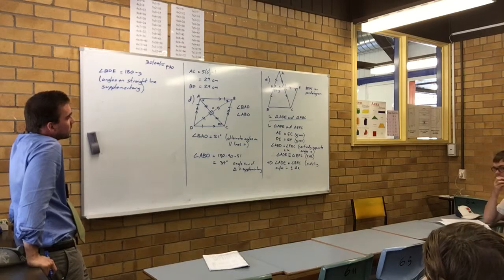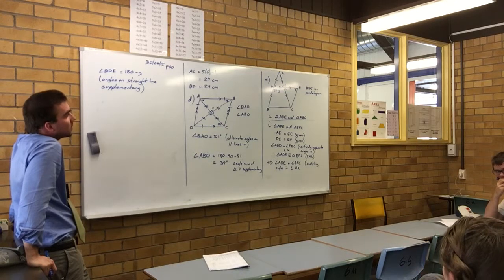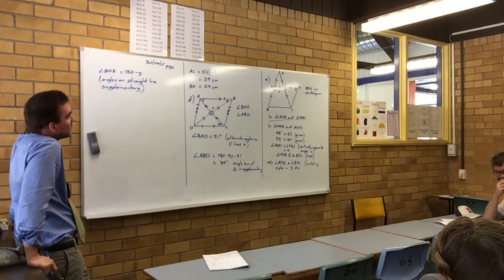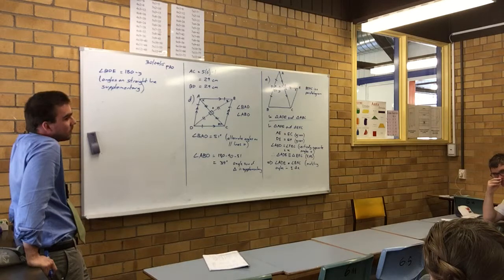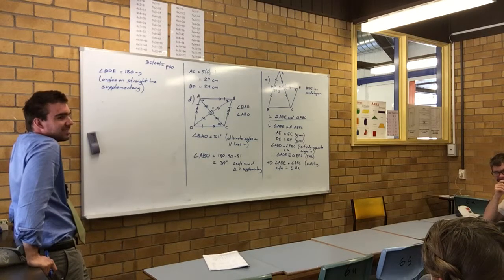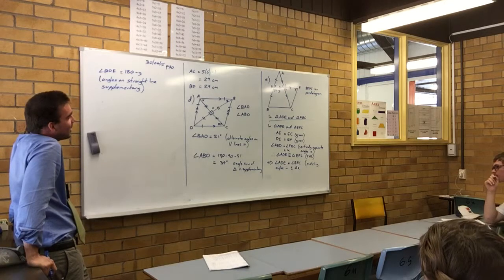Oh wow, it could just be one triangle. DBC equals 180 take away.